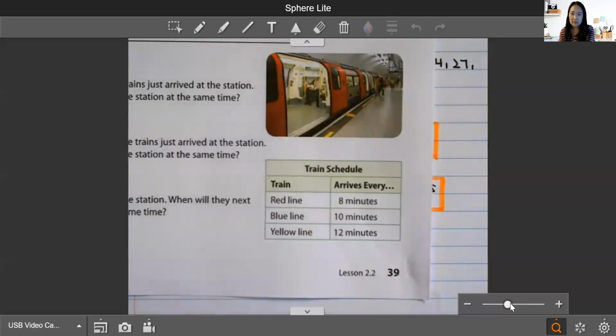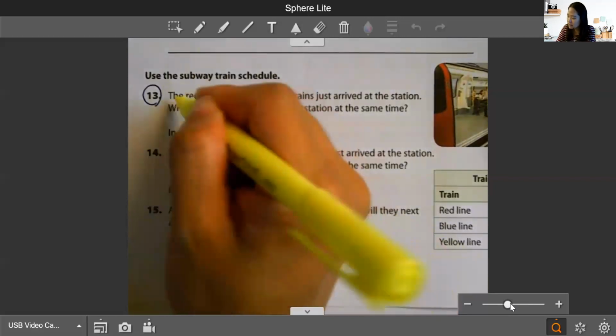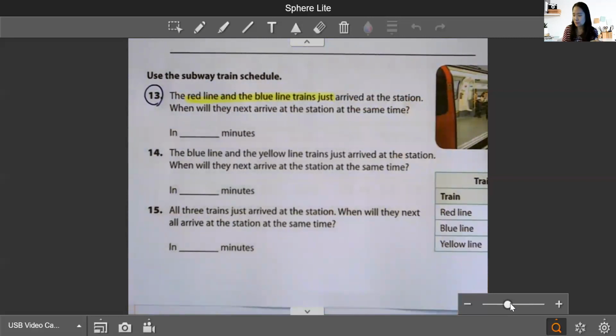The red line arrives every 8 minutes, the blue line arrives every 10 minutes, and the yellow line arrives every 12 minutes. The question for number 13 says the red line and the blue line trains just arrived at the same time. When will they next arrive at the station at the same time? It's basically asking for the least common multiple.